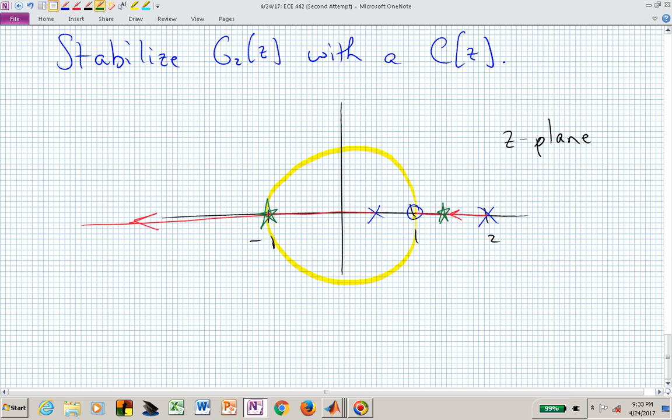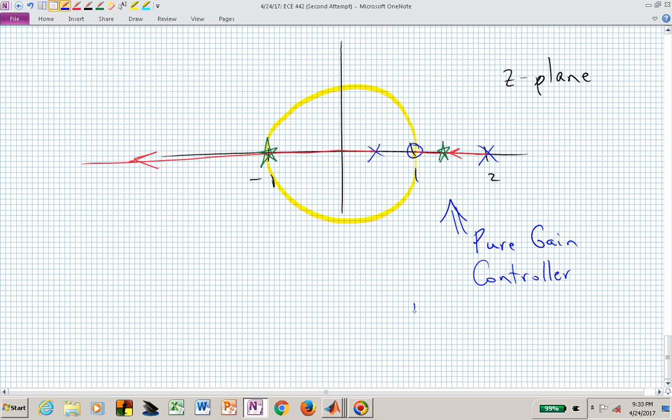So we would not have bounded input, bounded output stability if we have any of our poles on the unit circle. In this case, what I would like to say then is with a pure gain controller, we have an unstable closed loop system.